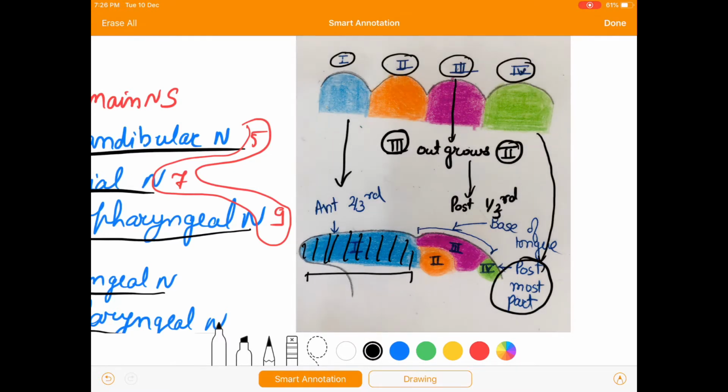I will put it in another color, let's take yellow. So the third arch gives rise to the posterior 1/3, and the fourth arch gives rise to the posterior most part.